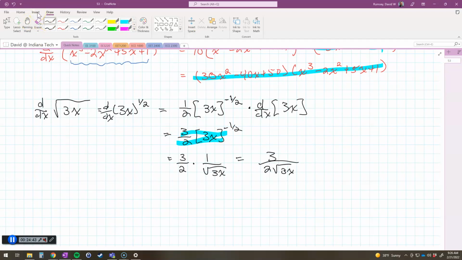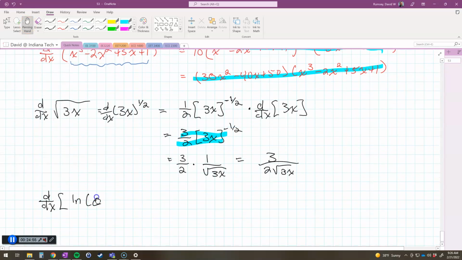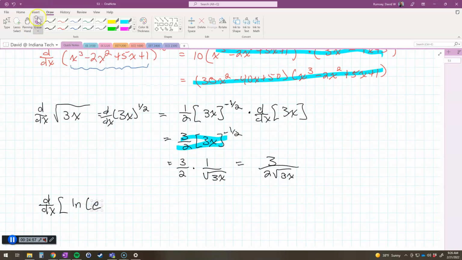And so let's look at another example here. If you look at the derivative of the natural log of, well actually, no, let's not do that. That's a stupid one to do. Natural log of the cube root of x.